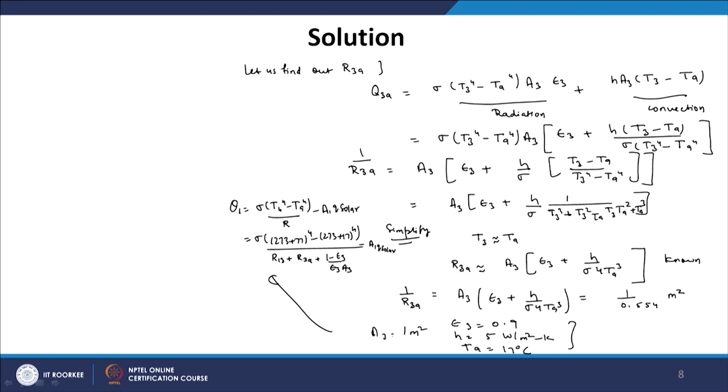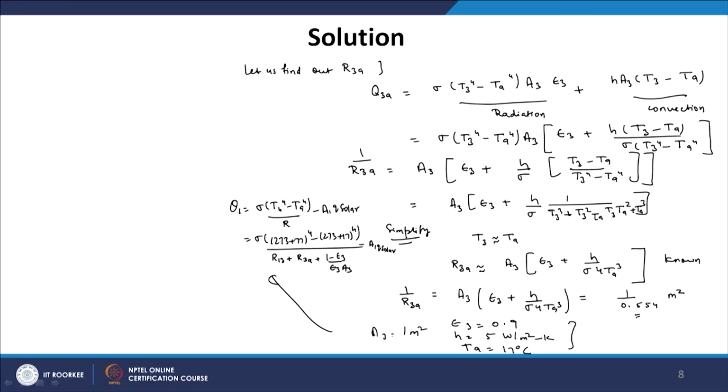Now, all these quantities we know. R13 we have already calculated, R13 value is 1.095 over meter square, R3A we have already calculated as 1 upon 0.554, and epsilon 3 is also known, 0.9. So, we have all the quantities. Q solar is 1000 watt per meter square, we substitute the values and we get Q1.